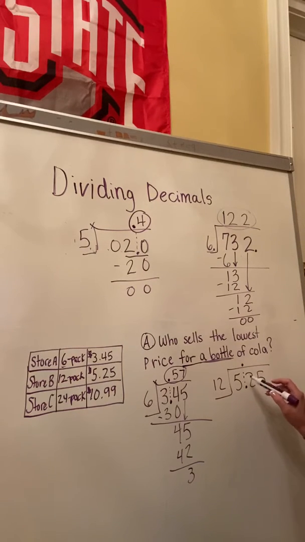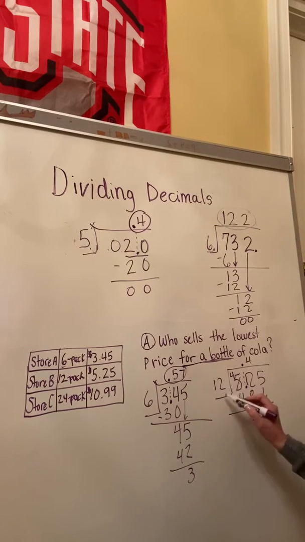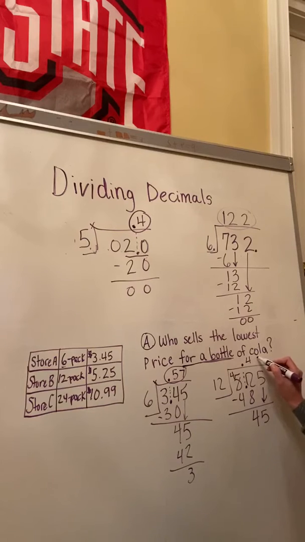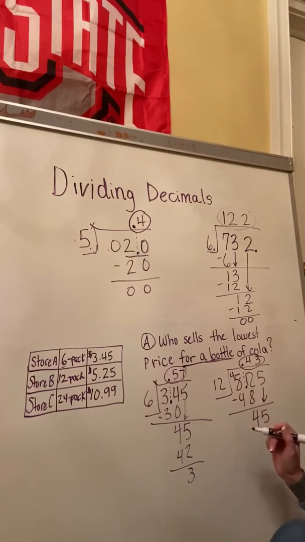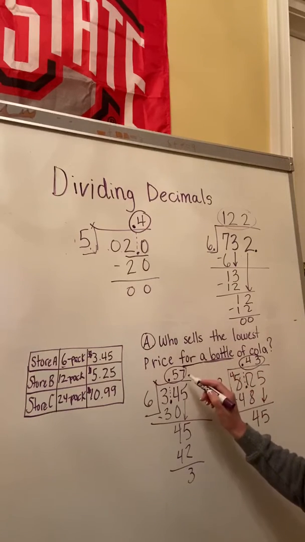And then we have 12 goes into 52, 4 times, which is 48. Goes into 45, 12, 24, 36, 48. So this one would be 43 cents per bottle, and this is 57.